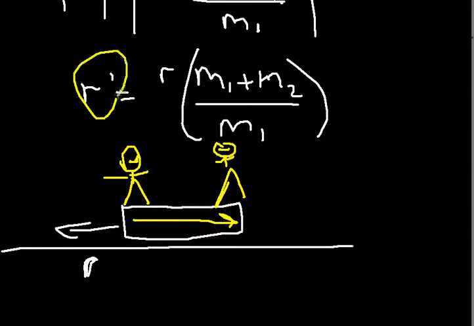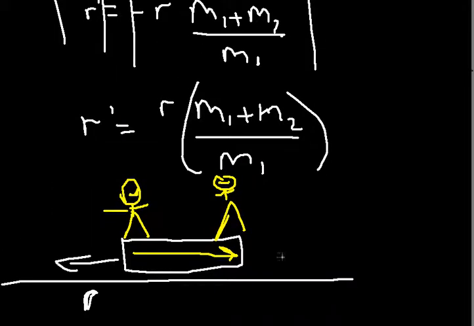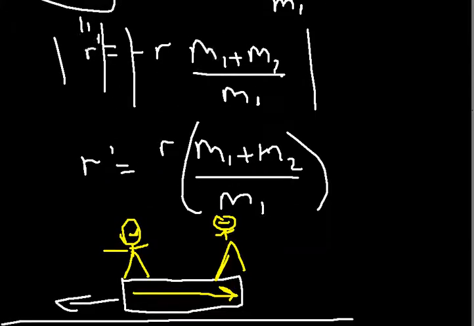For example, r apostrophe can be the length of this boat. And I'll mention again that his motion should be slow and the velocity should be constant.